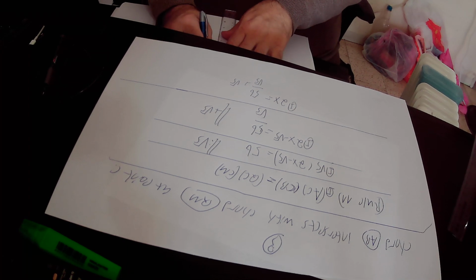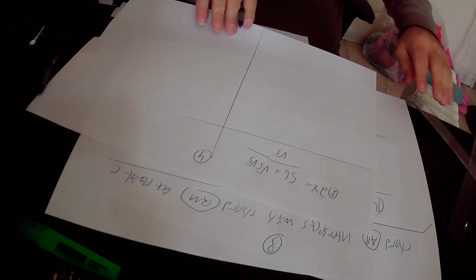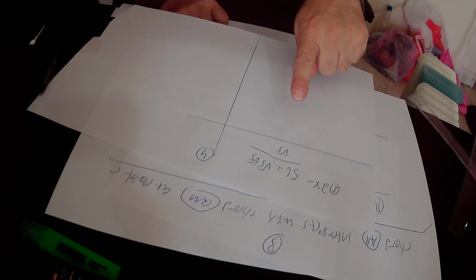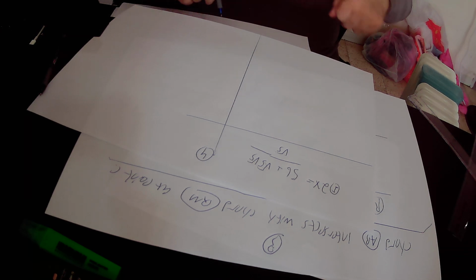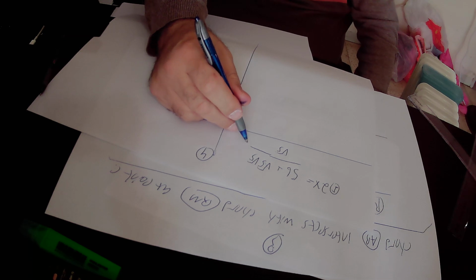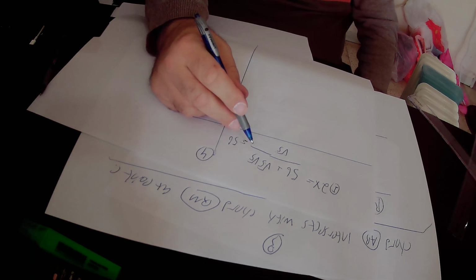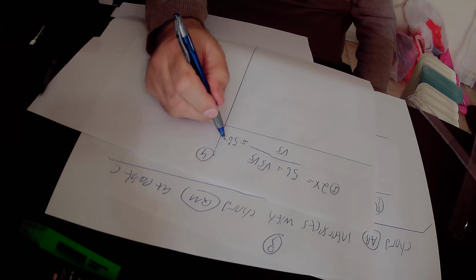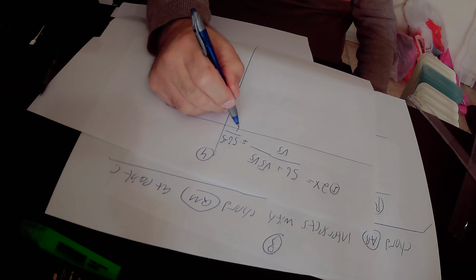So actually, in conclusion, we found out that according to equation number 1, 2x equals 5b plus square root of 5 times square root of 5 over square root of 5. So 5b plus square root of 5 times square root of 5 is 5 over square root of 5.